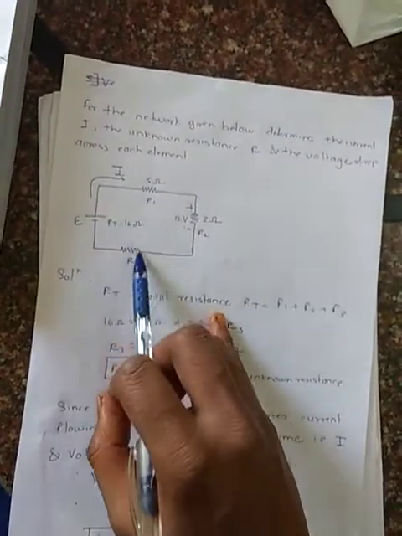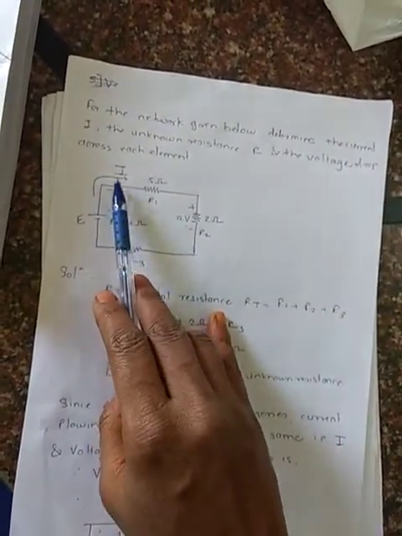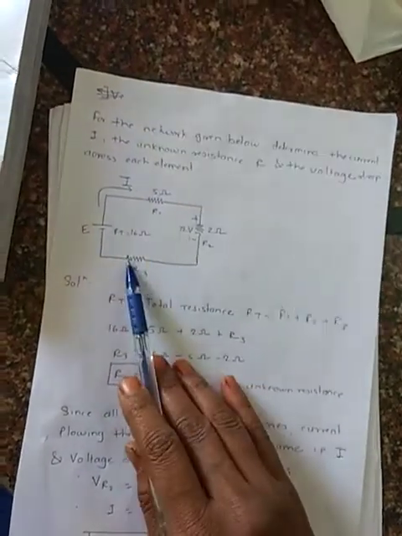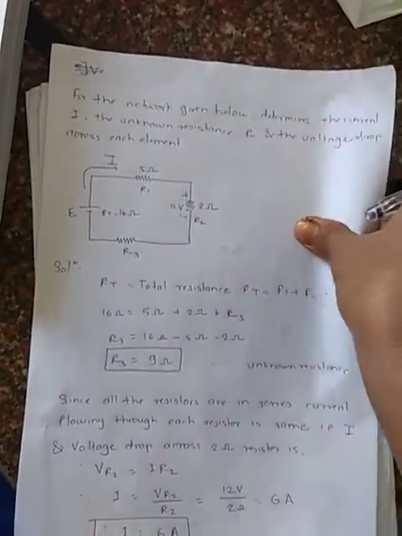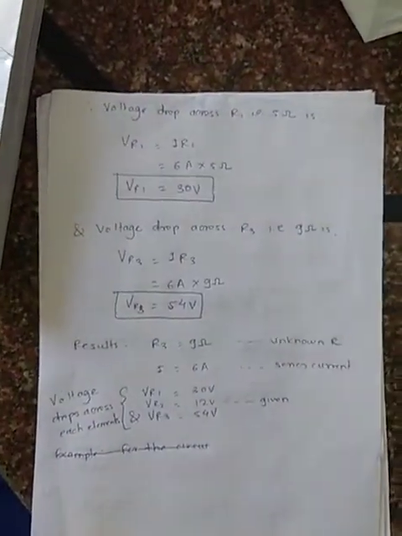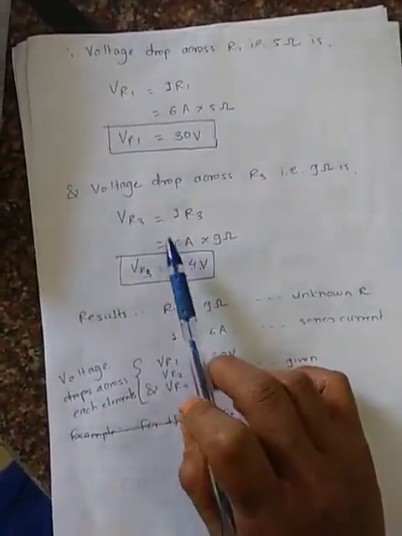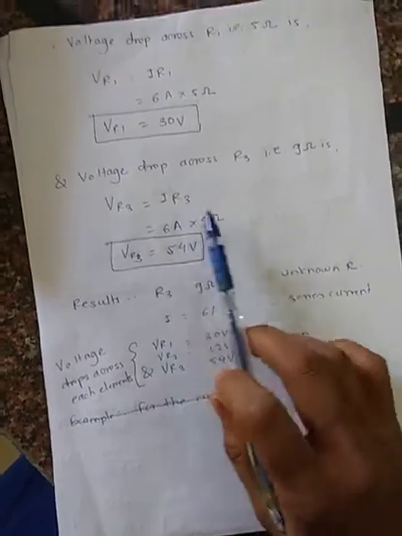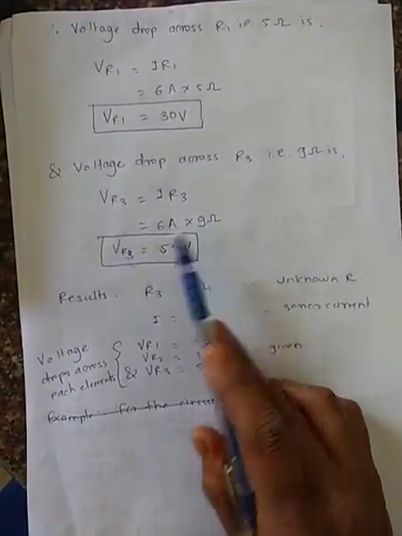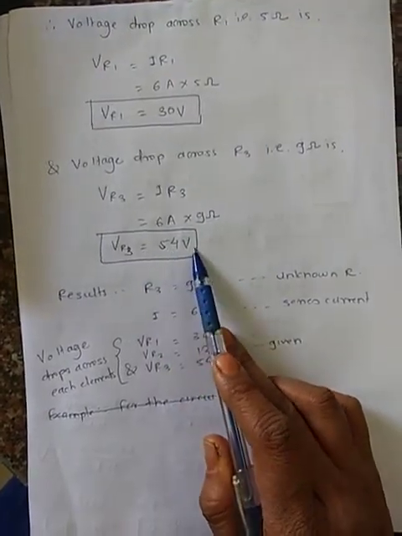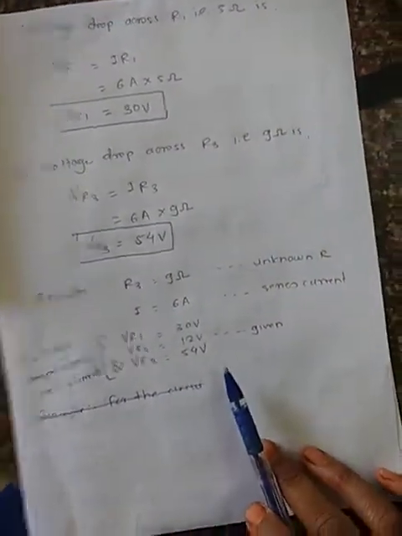So the current flowing through this circuit is I and the resistor is R3. We can write VR3 is equal to I times R3, means if we put I as 6 ampere into 9 ohm, VR3 will be equal to 54 volt.